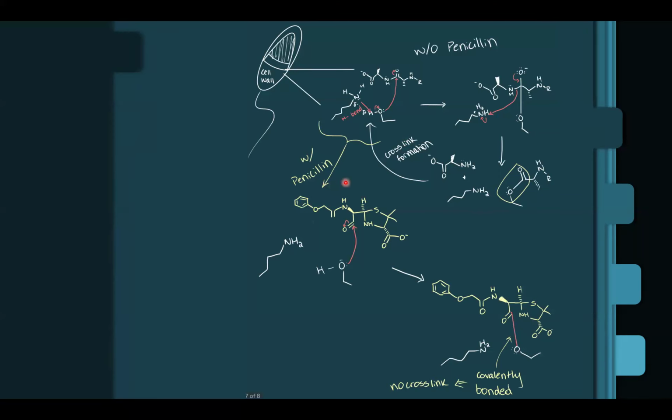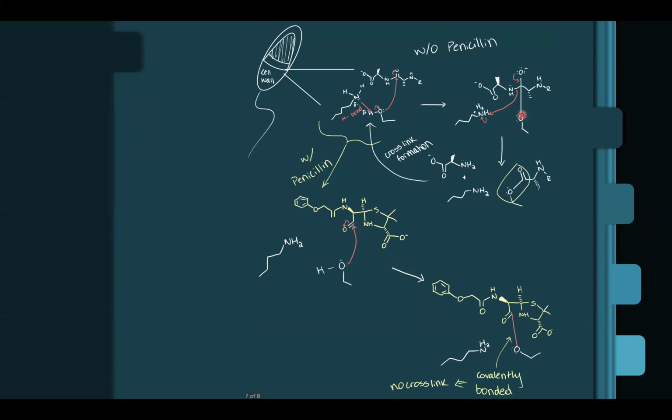Now, if we look at the penicillin part, I showed it in yellow just so that it's easier to see. I forgot the oxygen right there, but pretend that there is one right there. You can see that right here, this OH group, the oxygen covalently bonds to this carbonyl group on the penicillin. And once it's bonded, it doesn't unbond, which is why there's no crosslink formation.